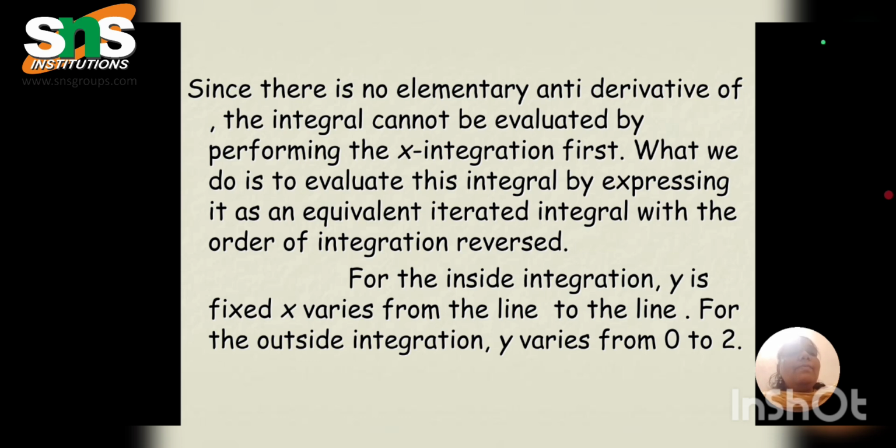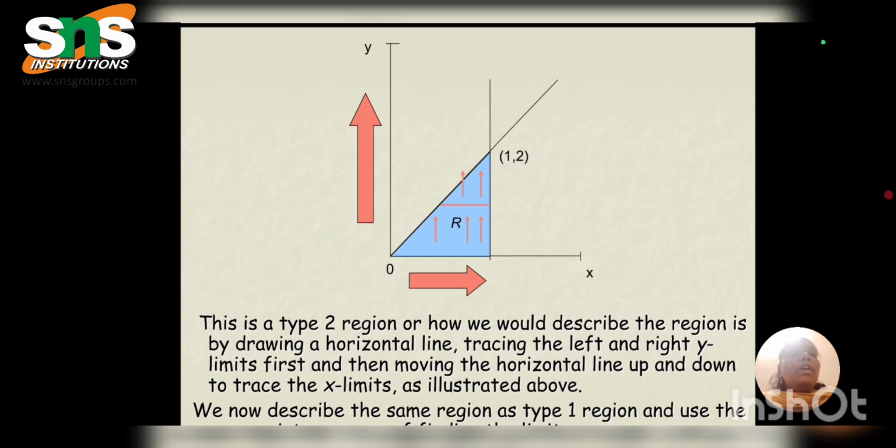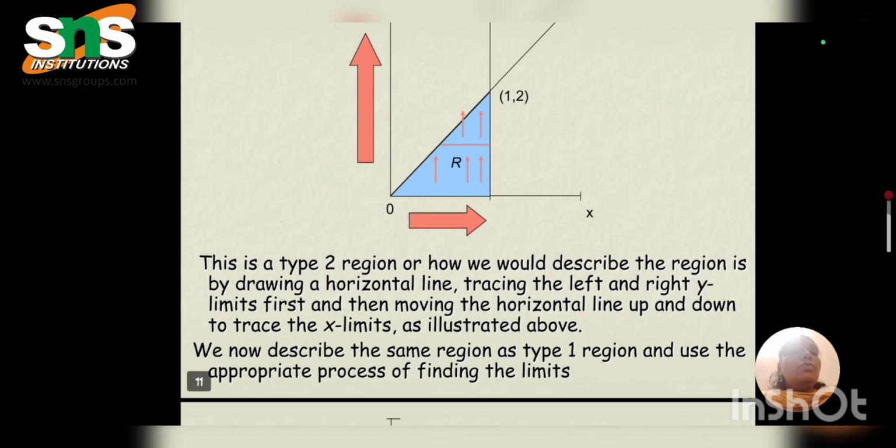So y varies from 0 to 2, and we get the graph like this. The line will cut at 1 comma 1. So we will get two parts of integrations. This is a type 2 region. We describe the region by drawing a horizontal line from left to right, which indicates the limit of x, and from bottom to top, which represents the limit of y.